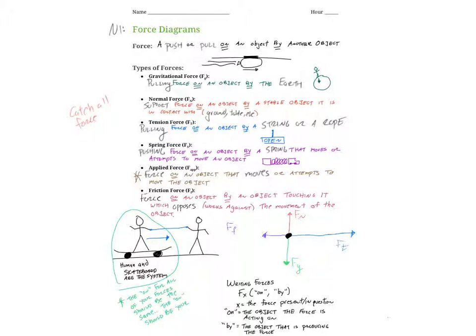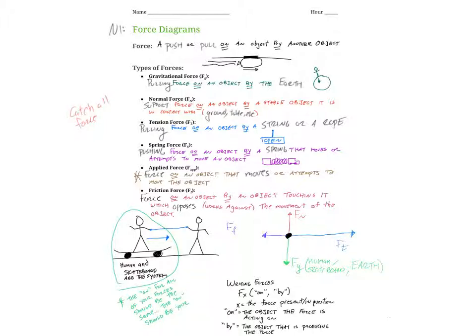So in the case of the force of gravity, the force of gravity is acting on the human and the skateboard. But the thing that's acting on the human and the skateboard is the force of gravity, and that force of gravity is being produced by the Earth.